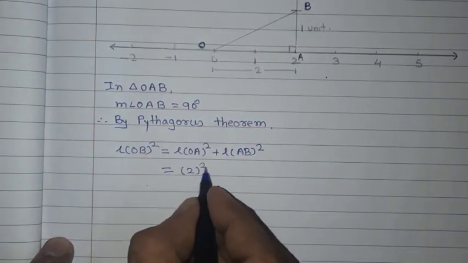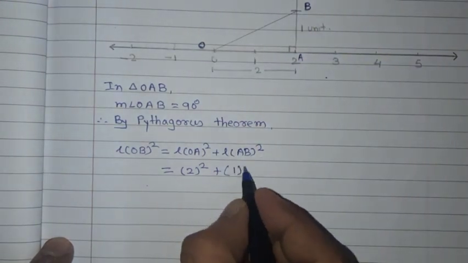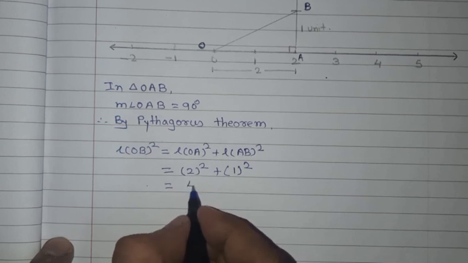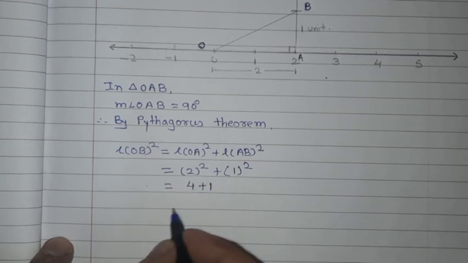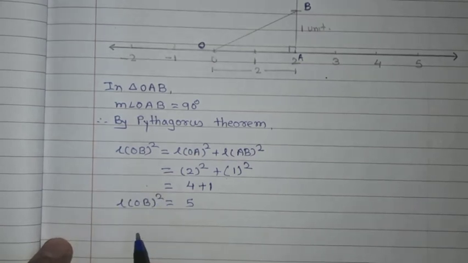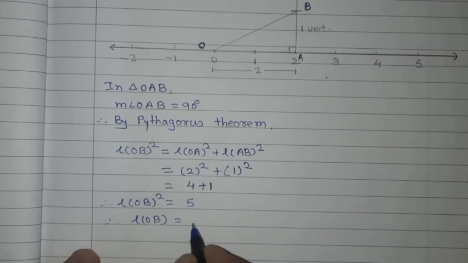Therefore we make the square of that, plus AB distance is 1 unit. Therefore we can write square of 1. Square of 2 is 4, and square of 1 is 1. Therefore it is 5. That means length OB square is 5. Now by taking the square root of both sides, we get here length OB is equal to root 5.